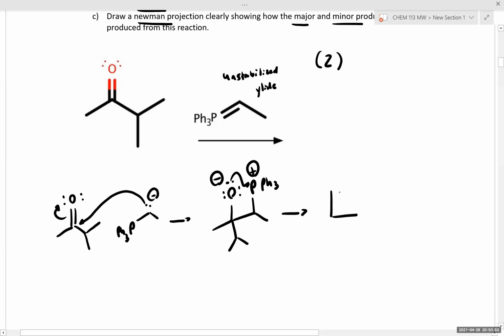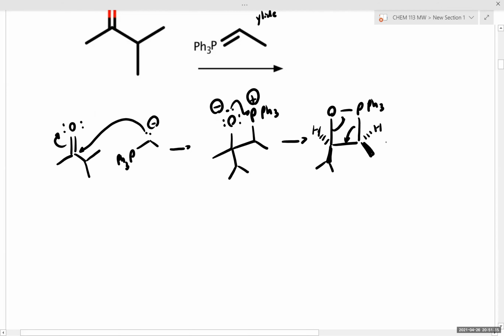From here, this betaine intermediate can then collapse via a retro 2+2 mechanism to give the corresponding Z alkene.